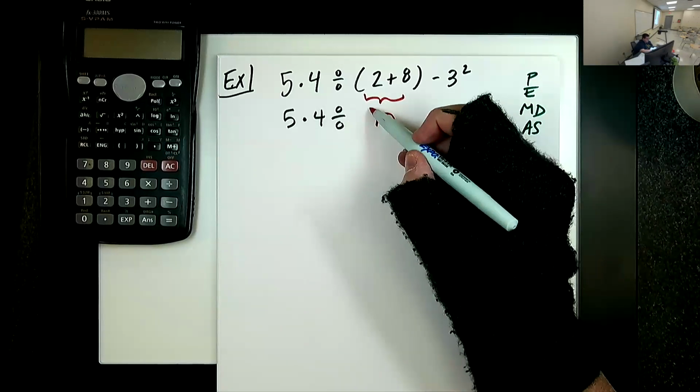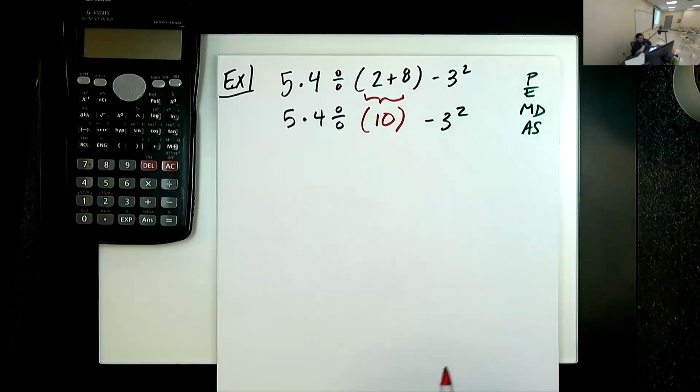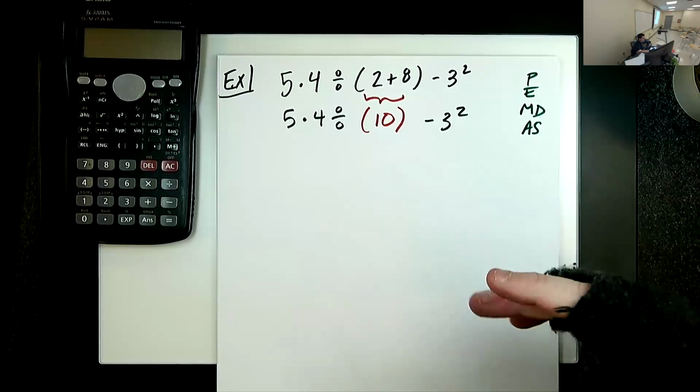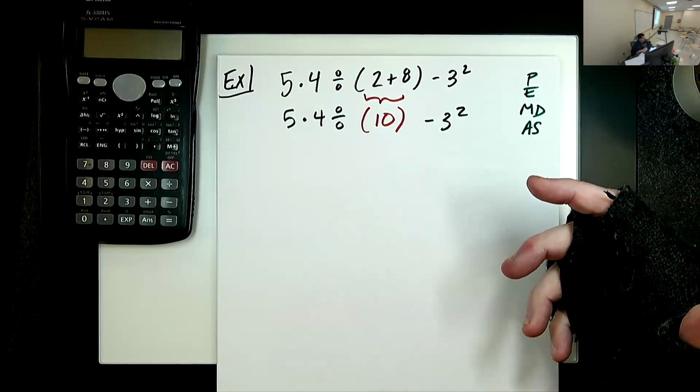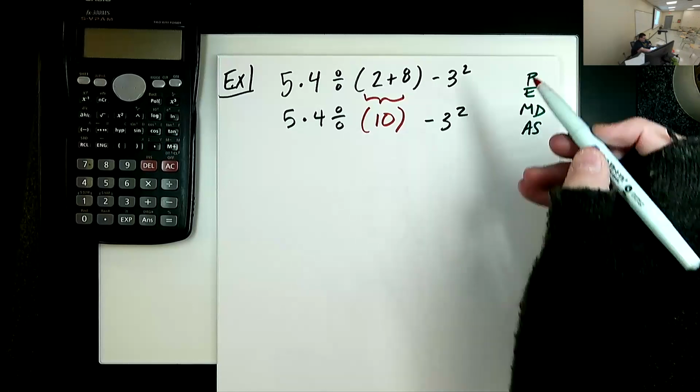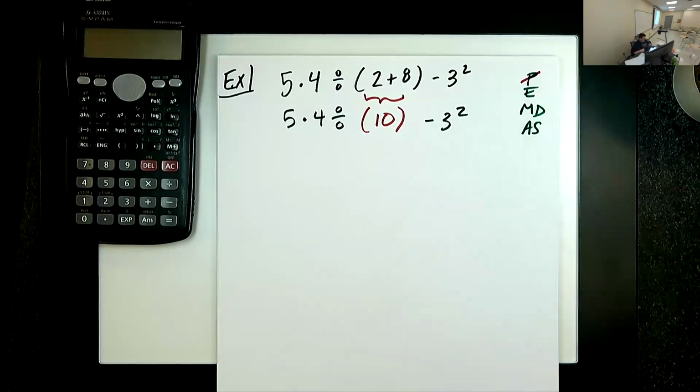Once you're done with all the operations inside the parentheses, there's nothing else to do, 10 is just a single number. The parentheses is no longer necessary. But that takes care of my parentheses, so we'll cross that off.